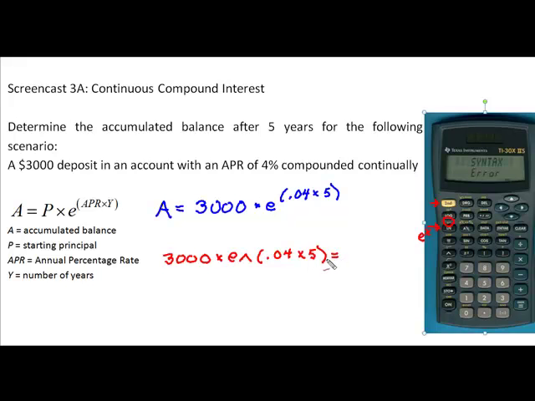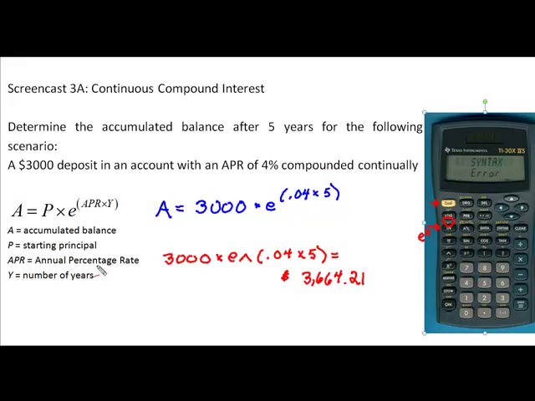If you have done that correctly, your answer should be $3,664.21.